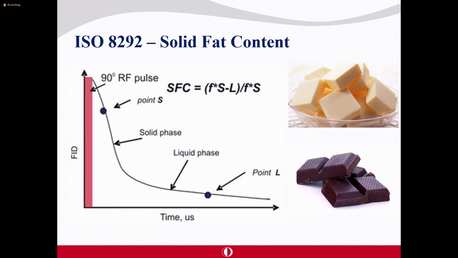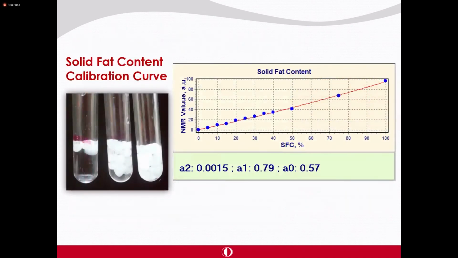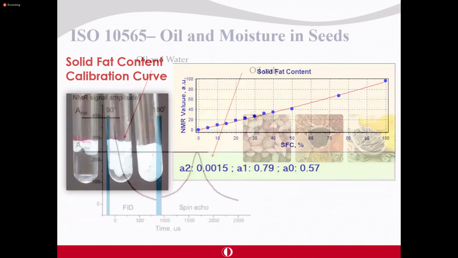And usually, in order to do this, of course, we need a calibration curve that is done in an instrument like this one. And most of the time, the instruments guide you on how to set up the calibration curve. So solid fat content is one example.